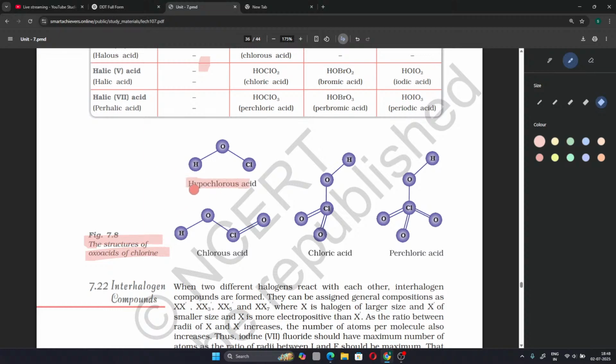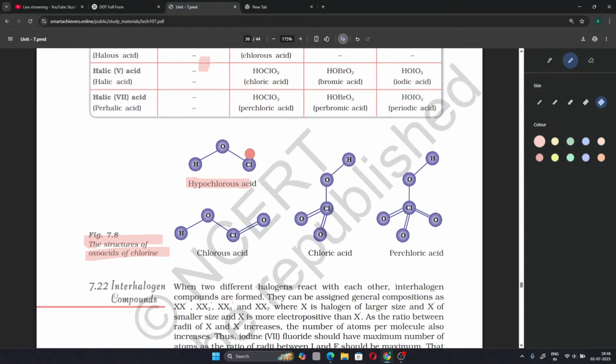Hypochlorous acid, HOCl, is the one that releases nascent oxygen when chlorine is placed in water, and this gives chlorine water its high bleaching capacity.